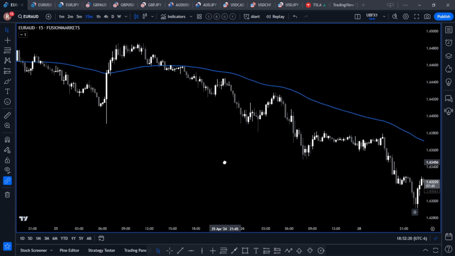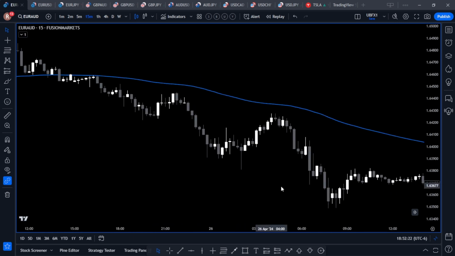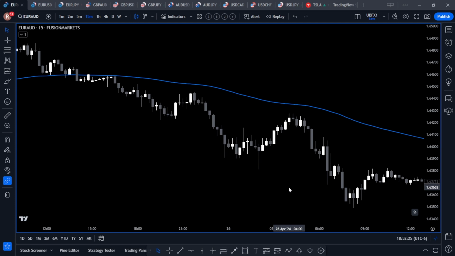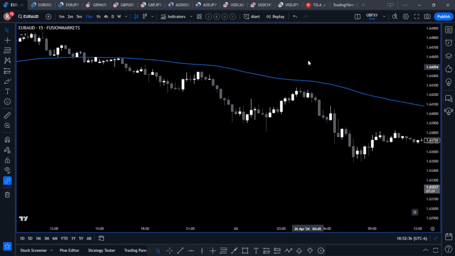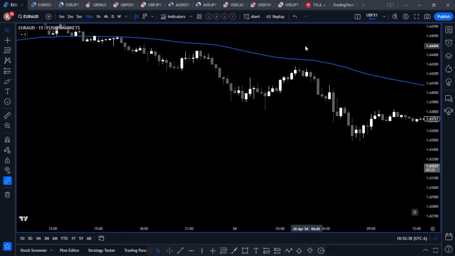So we're taking a look at a couple of different shorts in here. What we want to understand before we even place our trade is we're looking for a trend following trade. Now that is a UBFX specialty. We are looking for the market to move with the trend. We get the biggest market moves. We get the highest probability trades that way. When we have a market that moves with the trend, technically it is going to produce progressively lower highs and lower lows in a downtrend.